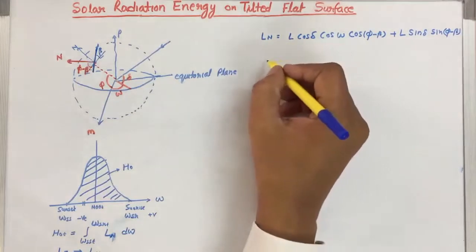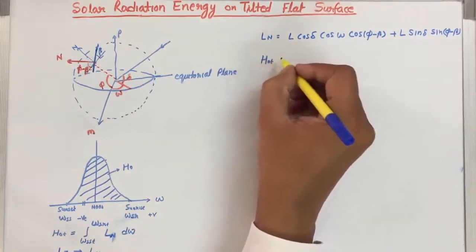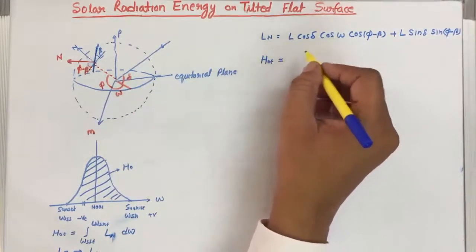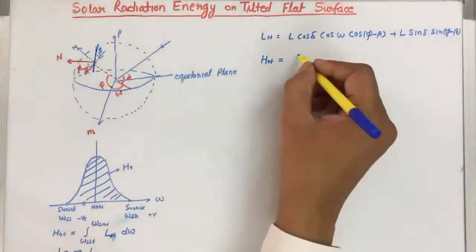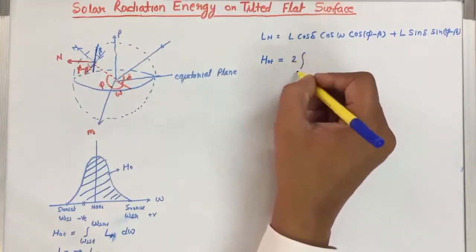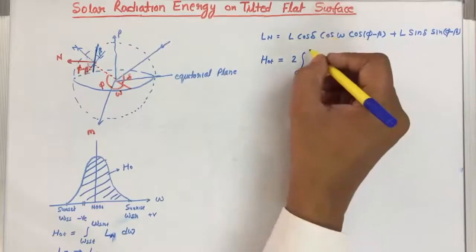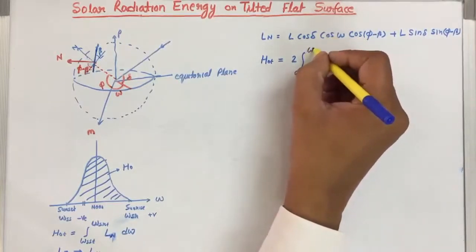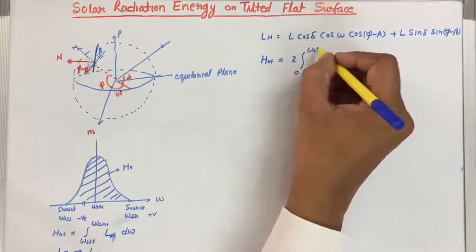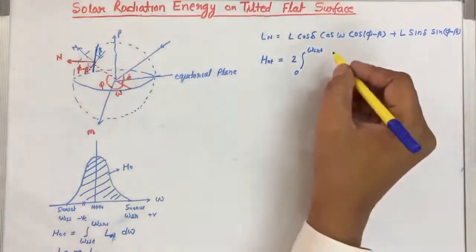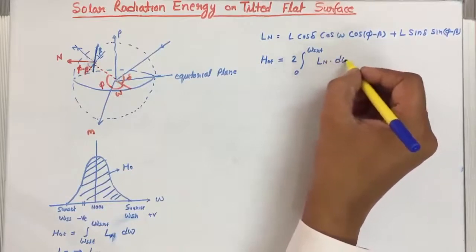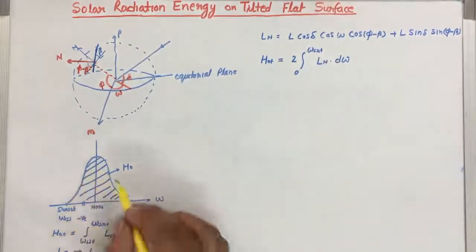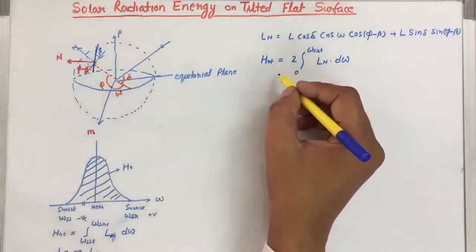Now in continuation, the energy for the tilting surface can be written as 2 from 0 to this. It was explained yesterday, so no need to focus, just try to follow. Now from the definition, the total area will give us the total energy.